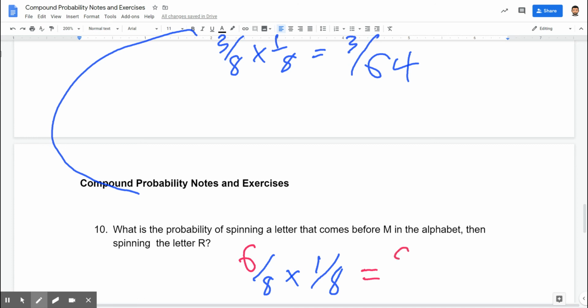It's going to be 6 times 1 is 6. 8 times 8 is 64. Now these are both even numbers, so I can reduce it by dividing top and bottom by 2. So it's going to be 3 chances out of 32. And there we go. Remember, probability of compound events, you need to multiply the two independent probabilities.